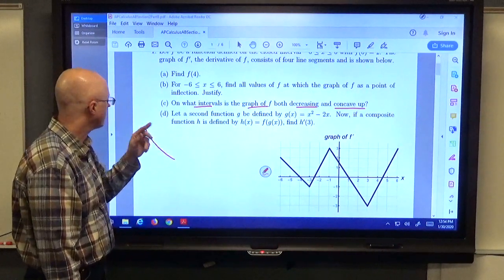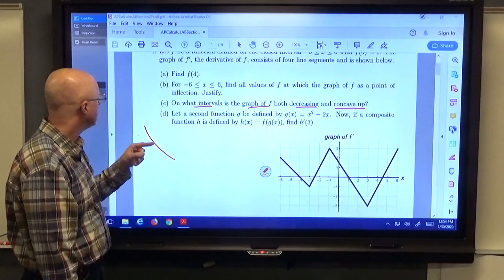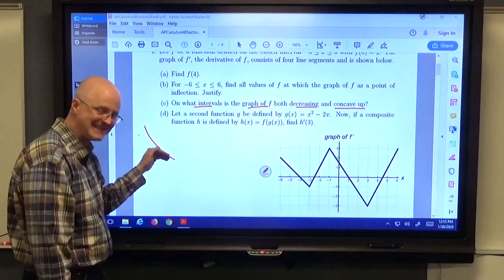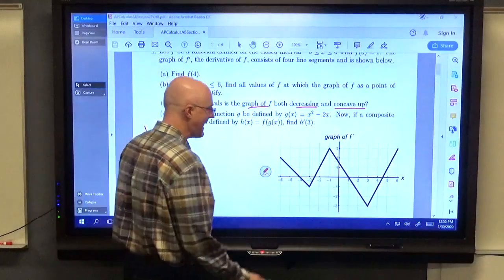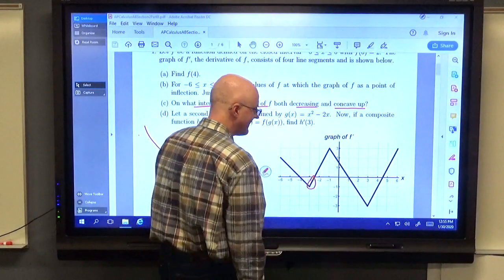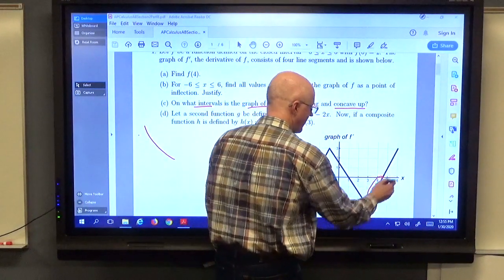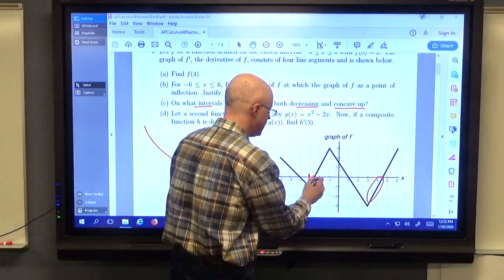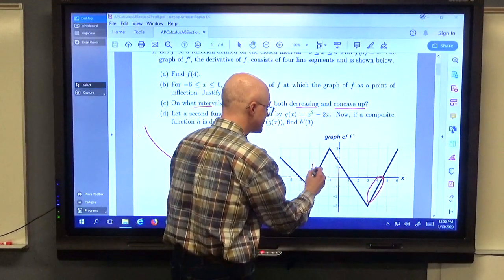So we're looking for where the derivative, f prime, is both negative and increasing. Negative and increasing, like right there and right there. When x is between -3 and -2.5, yes, that's what that is there.